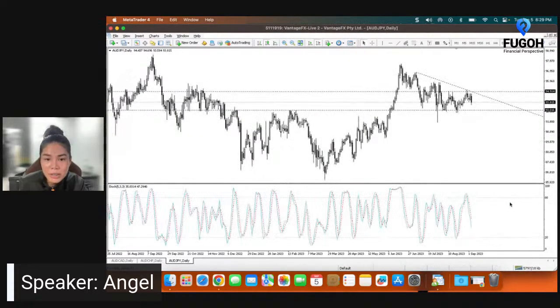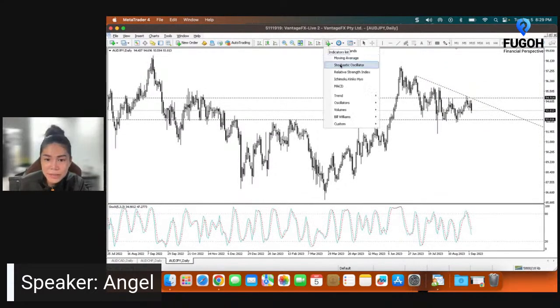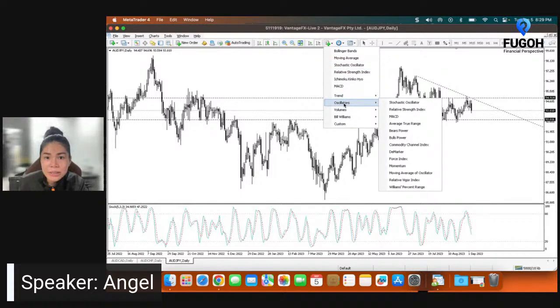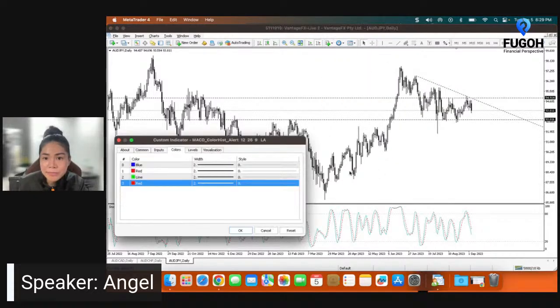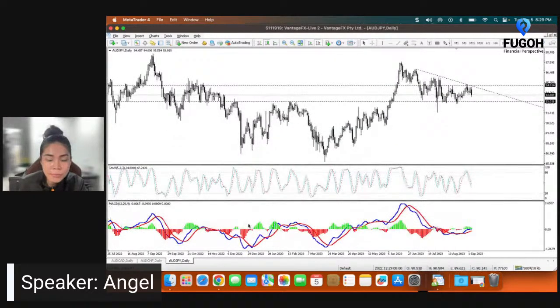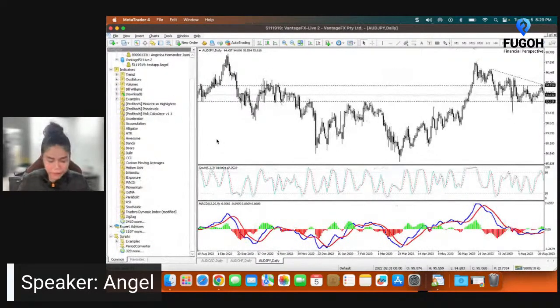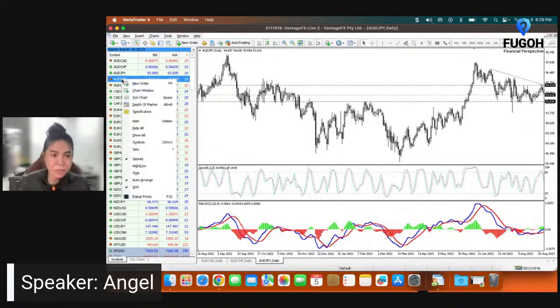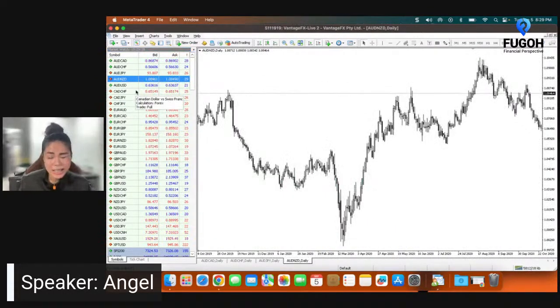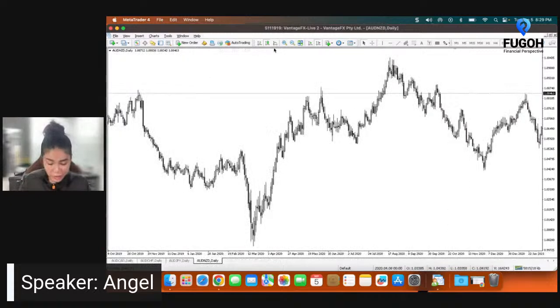Stochastics, right, it's already in the middle. Too late. How about this? Also too late. All right, let's move on. Still have things in the market. That's fine. I think it's going to be the same with all of the Aussie pairs, I'm guessing.